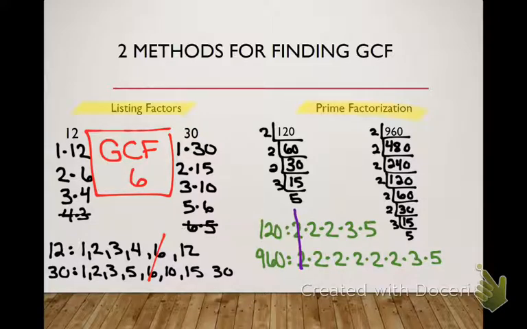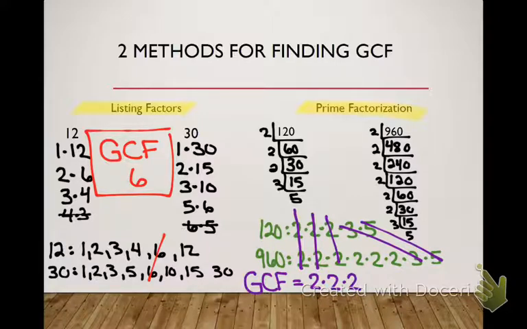That's different than just common factors. These factors are prime numbers. So I draw a line through each pair of common factors, and I write each one of those numbers one time in my GCF. Equals 1, 2, 3 2's. Why 3 2's?